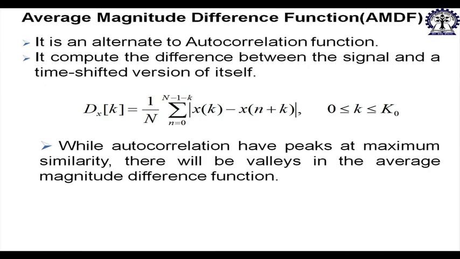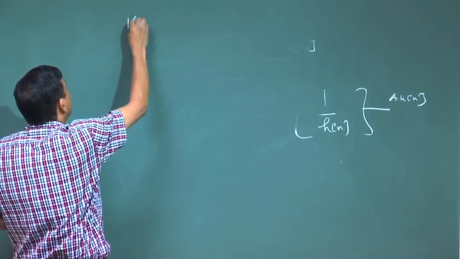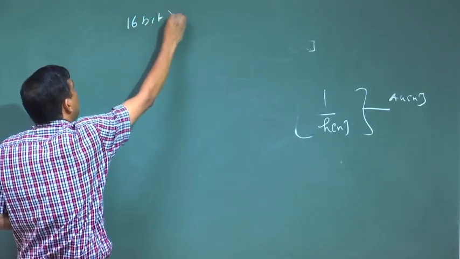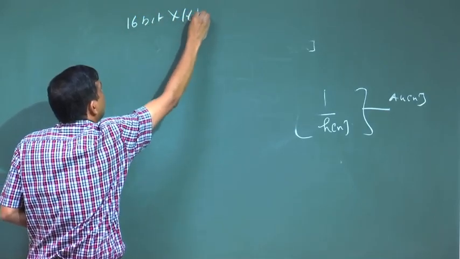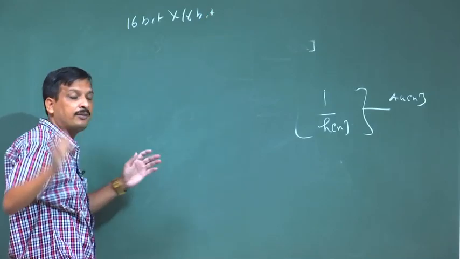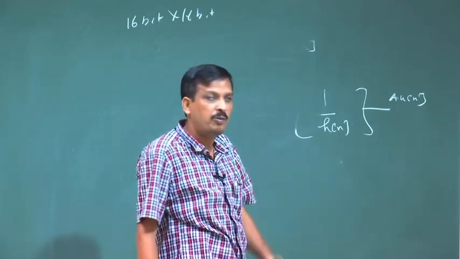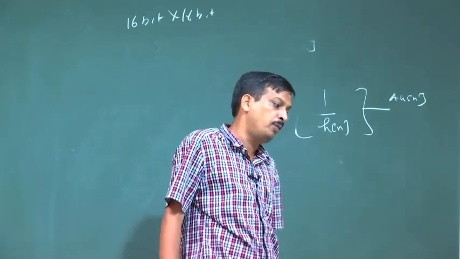So, you can read this. Now, autocorrelation requires that each sample is multiplied by another sample. If it is a 16-bit signal, 16-bit is multiplied by another 16-bit sample. In the worst case, it requires a lot of memory, and multiplication is also computationally complex.